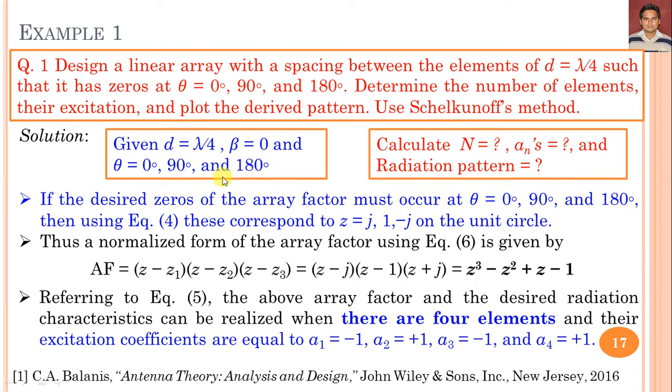So if the desired zeros of the array factor must occur at theta equal to 0, 90 and 180 degree, then equation 4 we have considered.